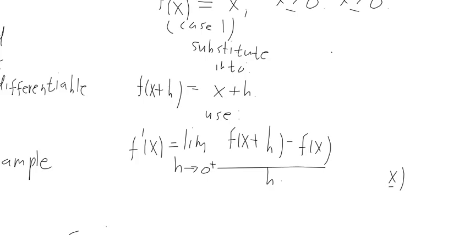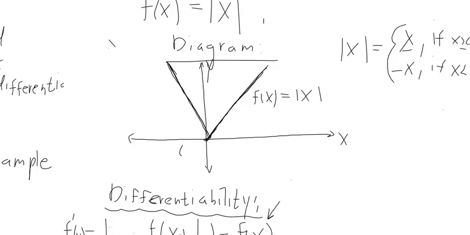What do I mean by h approaching 0 from the right or from the left? That means I have to evaluate the limit as h approaches 0 from the right of the graph. If you look back at our diagram, that's why I drew it. This point here is at 0, 0, the origin. As h approaches 0 from the right, if I draw an arrow coming in like this, we go from the rightmost part of the graph and intersect at 0.